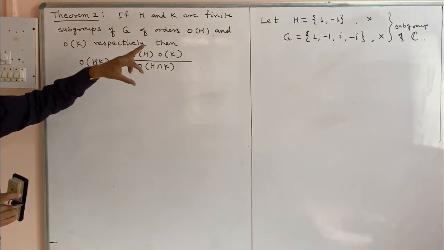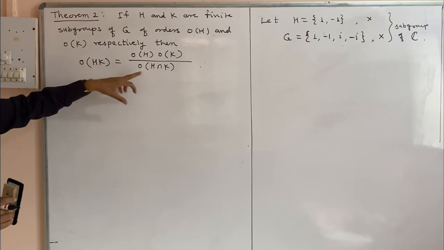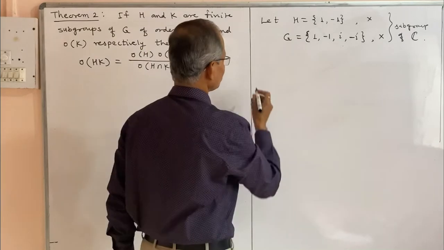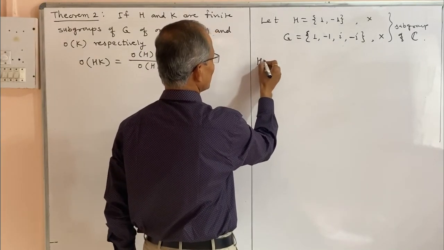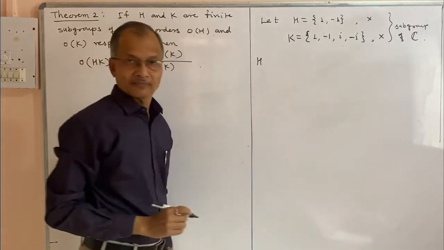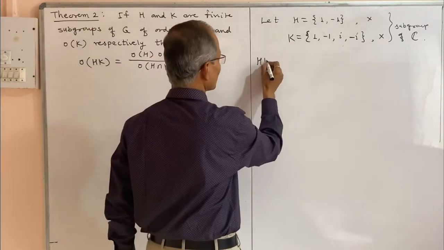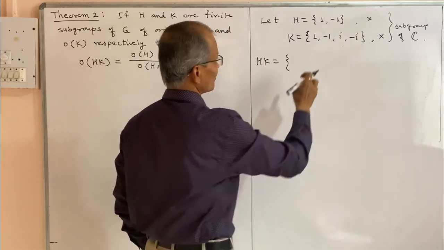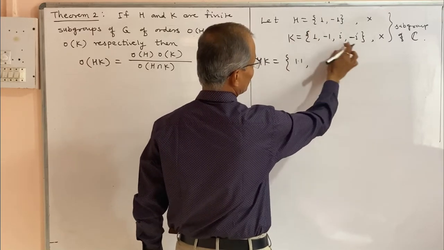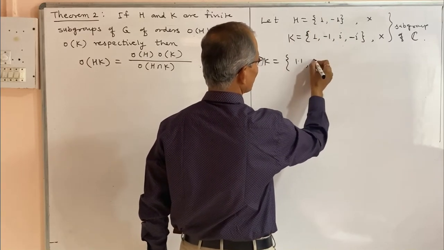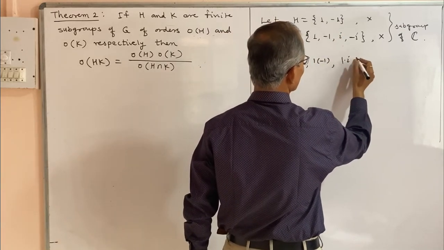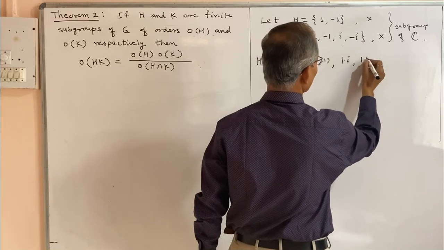So H and K are given. What we have to write is H intersection K and HK. HK will be the product. We see the product: 1 into 1, 1 into -1, 1 into i, and 1 into -i.